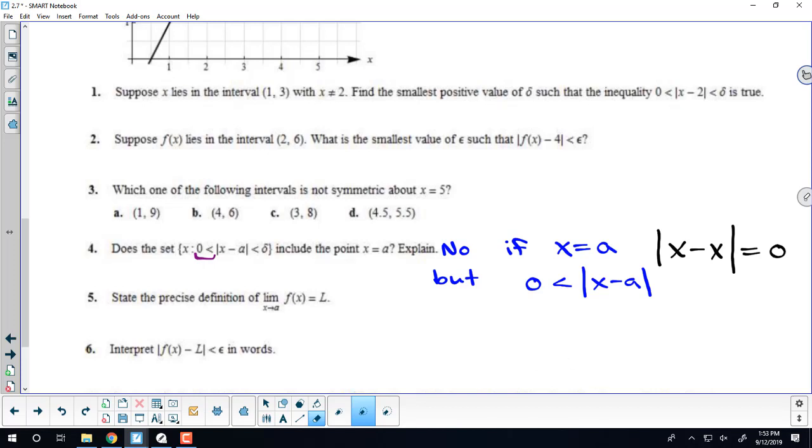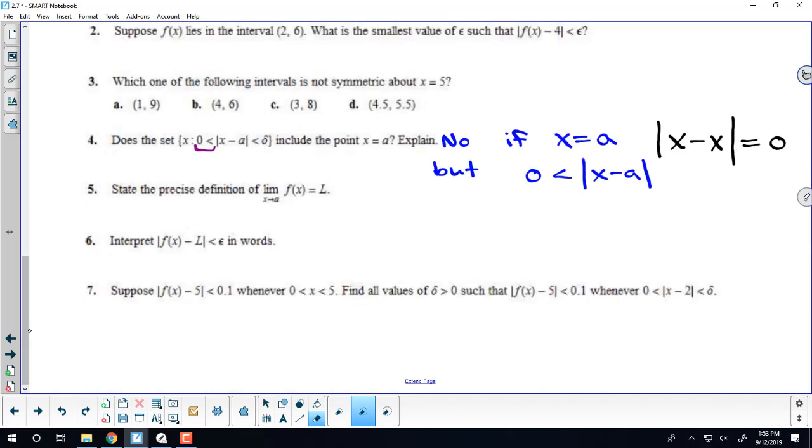Okay, all right, so that's why when we looked at the preliminary definition of a limit, we said, let f of x be defined at all x values except for possibly at a, because even if your function's not defined at a, it doesn't matter.